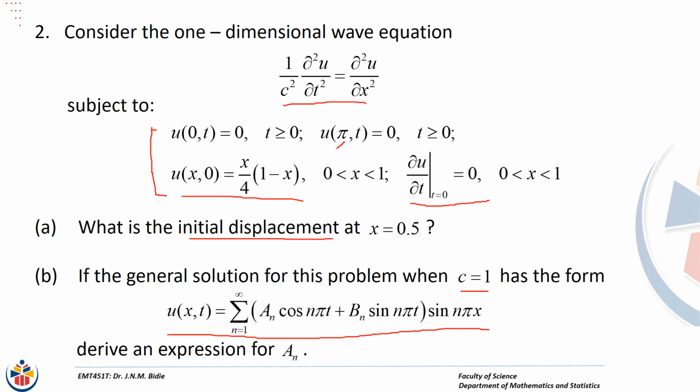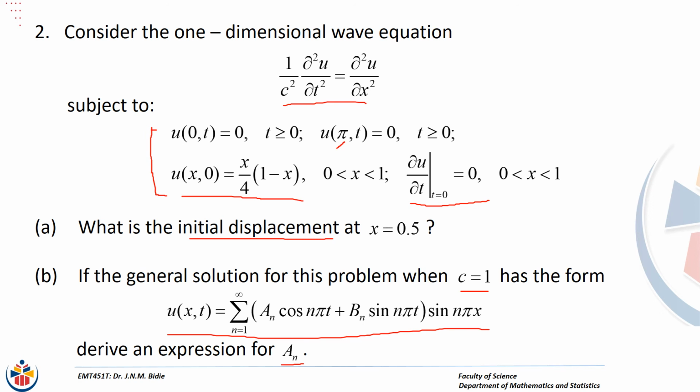Now we need to make a choice. Which initial condition are we going to start with based on what has been asked? We are being asked to find the value for an. An is the coefficient for cos n pi t. How do we get an, when we already have a formula for u after substituting both boundary conditions?